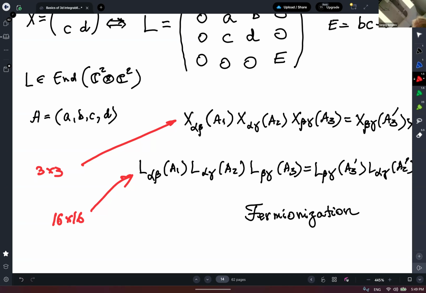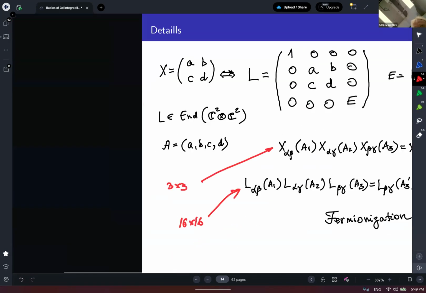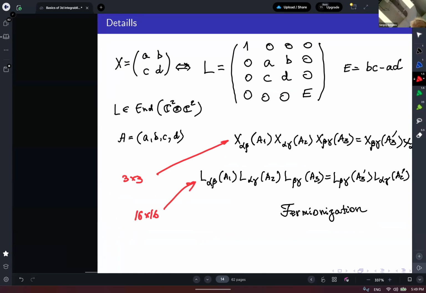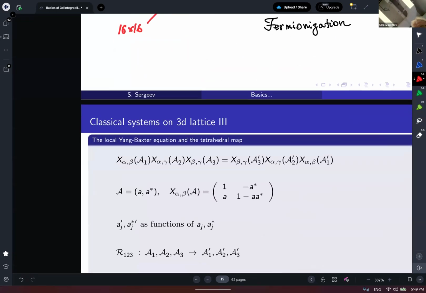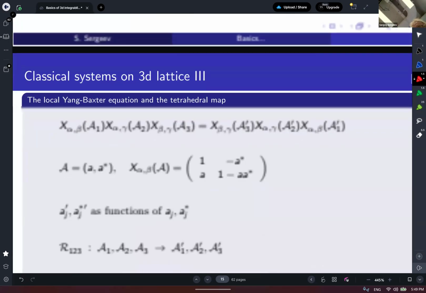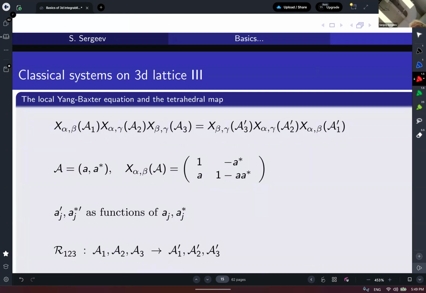Well, and then, so go back to our business. Well, so that's the Korepanov equation or local Yang-Baxter equation. Doesn't matter.